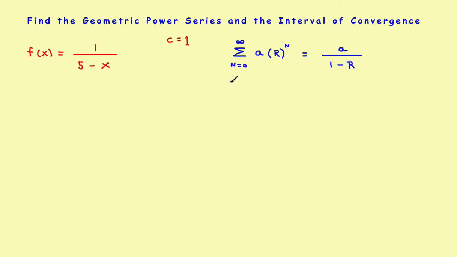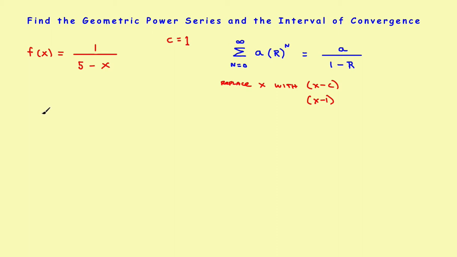So the additional step here is going to do this. Since it's centered at c equal to 1, the first thing you've got to do on these is to replace x with x minus c. Now in this problem, c is equal to 1, so we're going to replace x with x minus 1. So the initial step, kind of like what we've done on those other ones, we'll go ahead and just write the original thing down.